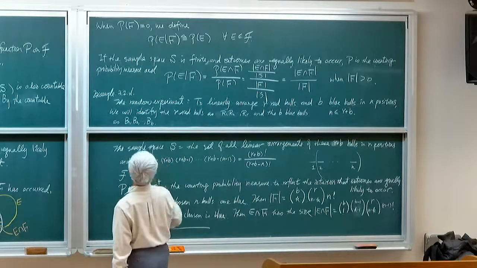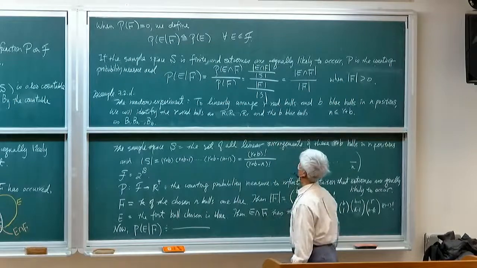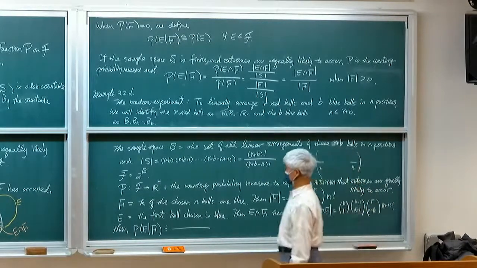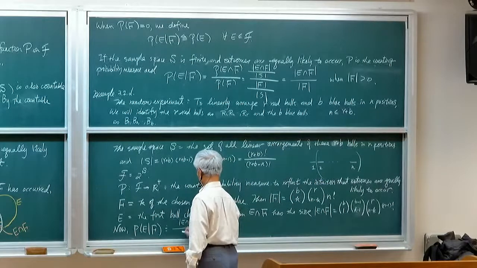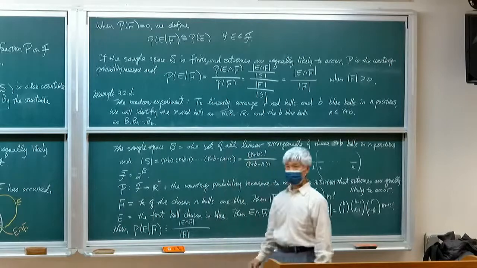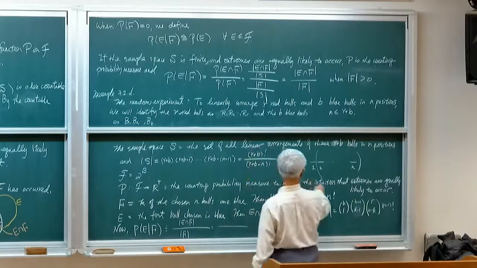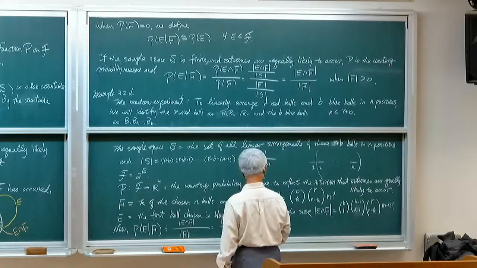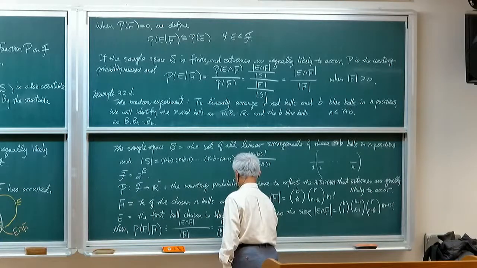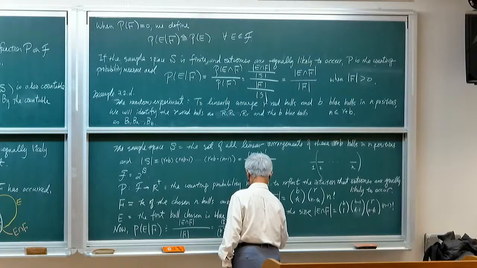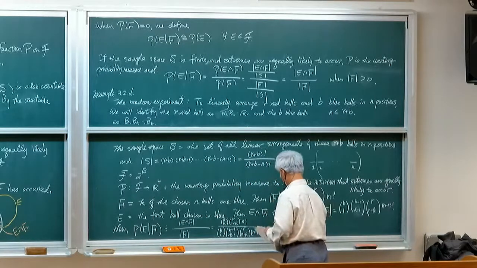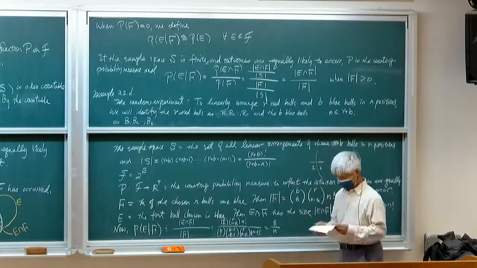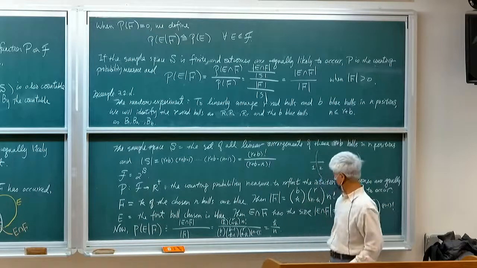All right, and as we demonstrated here, if the probability function is the counting probability measure, then we know this is the size of E intersect F divided by the size of F. Okay, and so you put them there. Okay, so the result would be K over n.